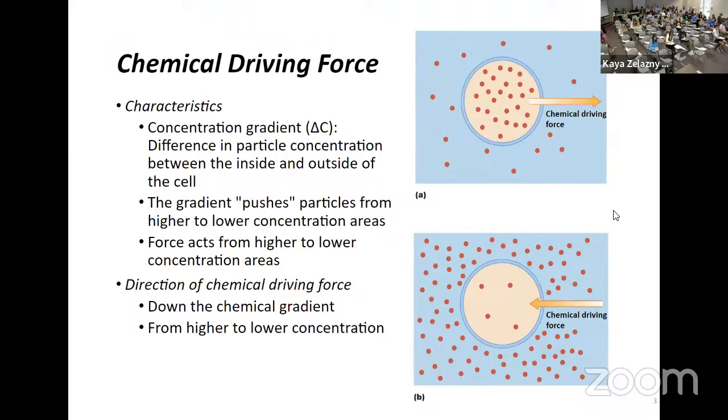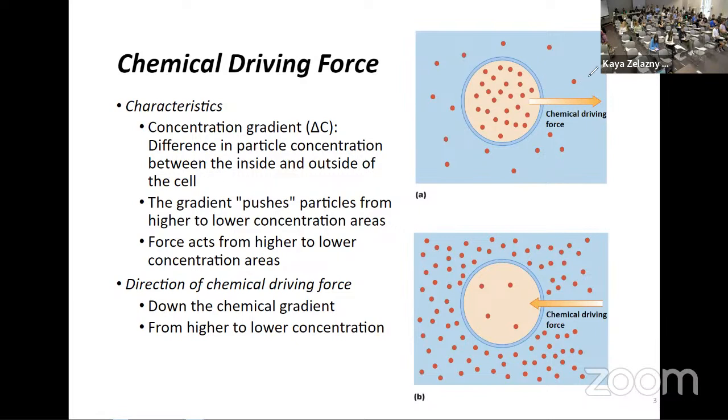We're starting with the chemical driving force, which is the example we just drew at the beginning. Okay. So to set up for a chemical driving force, you're going to need a gradient, a concentration gradient. So all that concentration gradient is that you have a difference in how many of that molecule, of that ion, you have inside versus outside your cell.